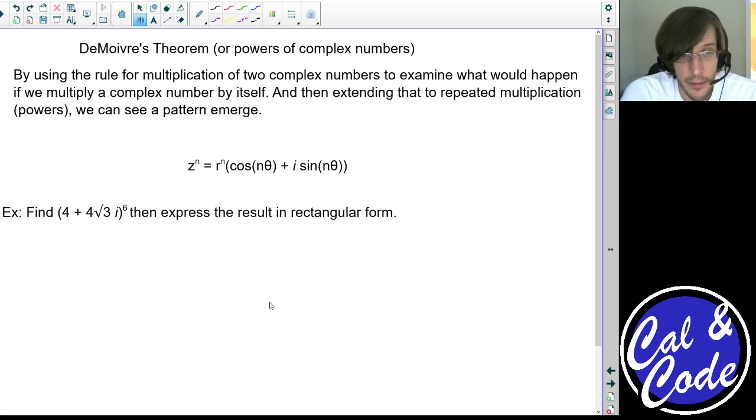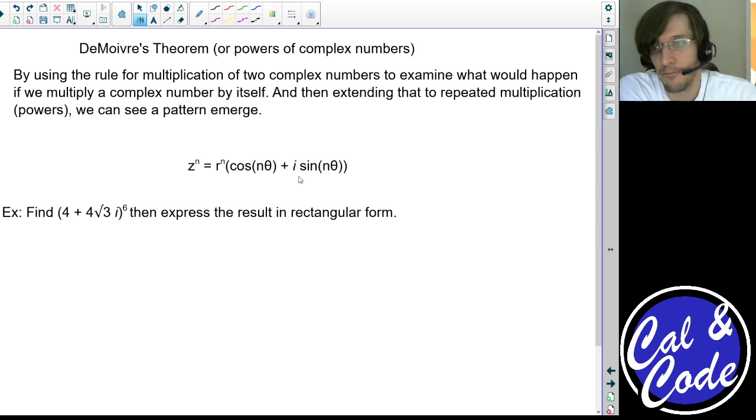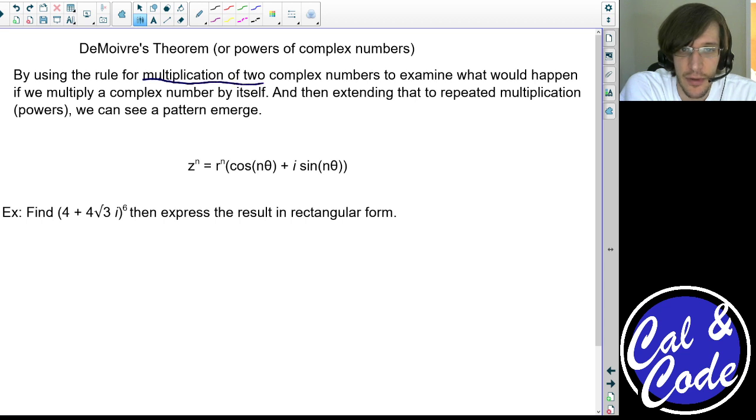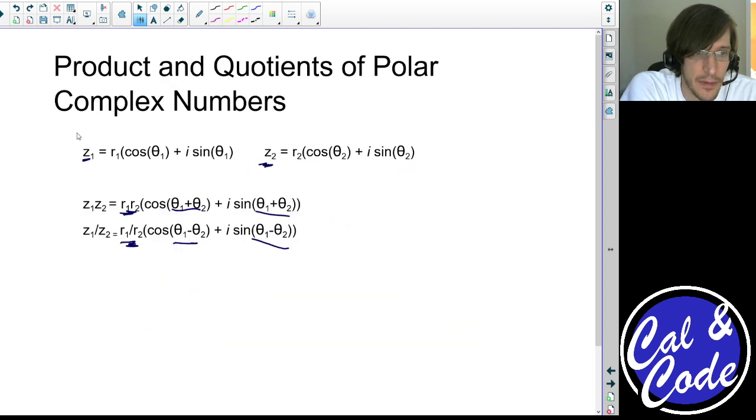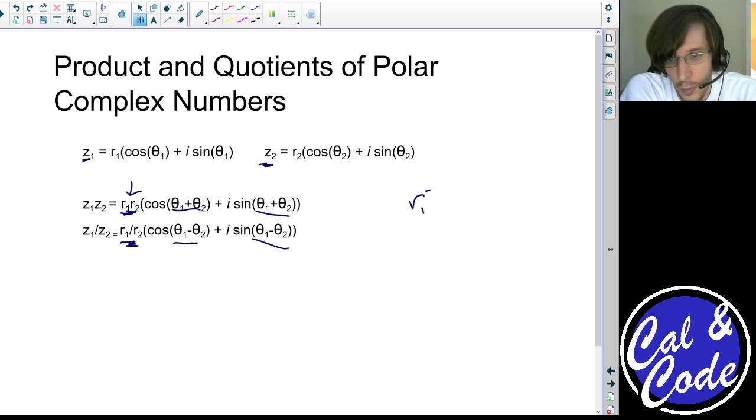All right, let's talk about DeMoivre's theorem. DeMoivre did this to come up with the powers of complex numbers. What he did was he said, look, if I'm multiplying a complex number by itself, then instead of r1 r2, it would be r1 squared if I multiplied z1 times itself.